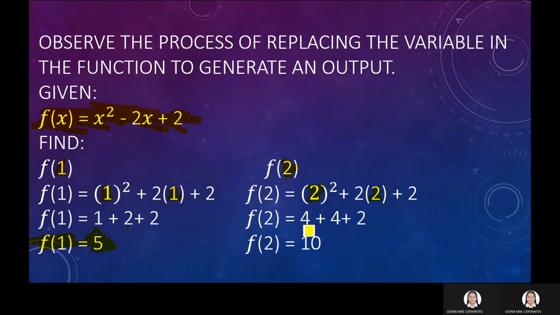We have 2 squared is equal to 4. 2 times 2 is also equal to 4, plus 2. So we have positive 10. So if x is equal to 2, then the value of y or f of x is positive 10.